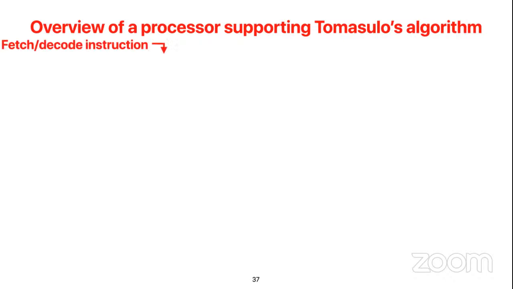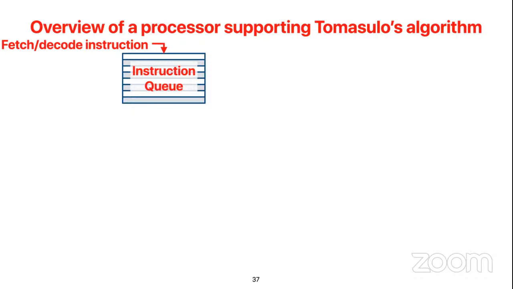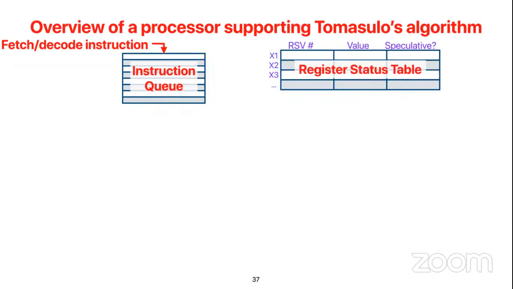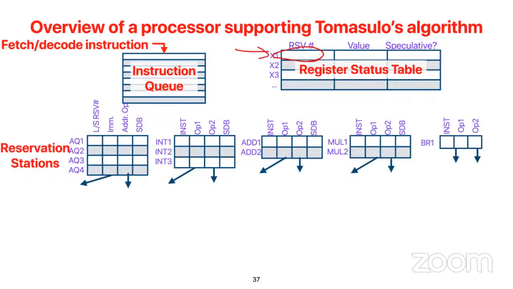First of all, we still have the fetch and decode of instructions, and for those instructions that have been fetched and decoded, we put them in the instruction queue. And then there is a register status table to tell you, if I want to find the value of, say, register X1, which reservation station would give me the right value of it, or what's the current value of that.